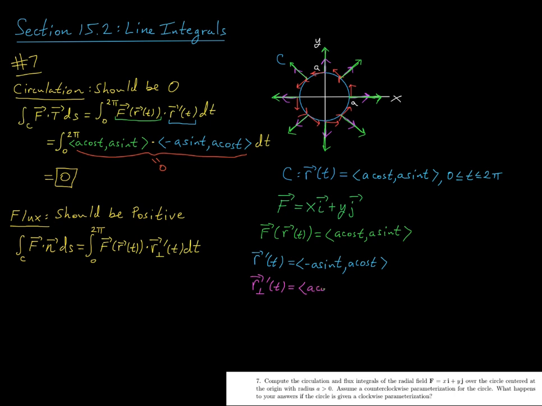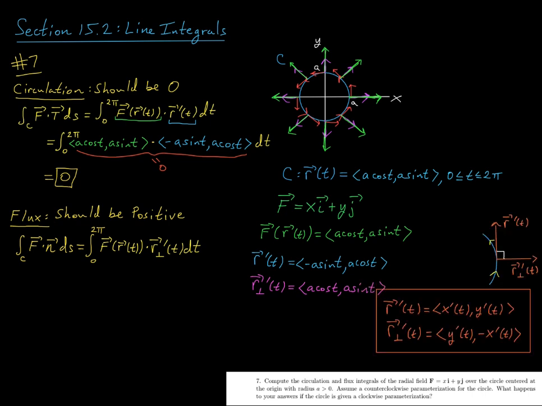So this would be a cosine and then negative a sine, but then we stick a negative in front of the x prime. So this is actually going to just be a sine in this case. Okay, now more generally, if your r prime is x prime, y prime, then your r perpendicular prime would be y prime comma negative x prime.